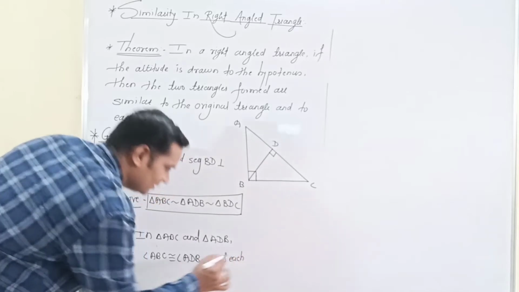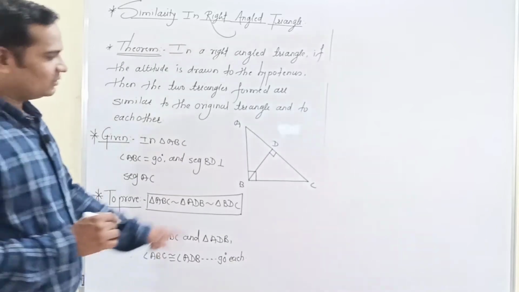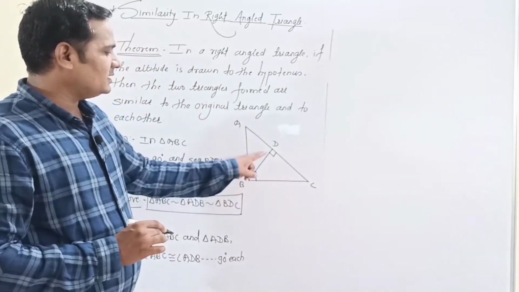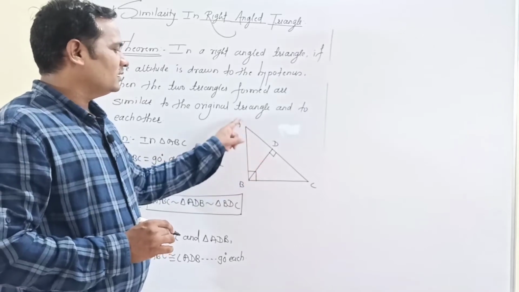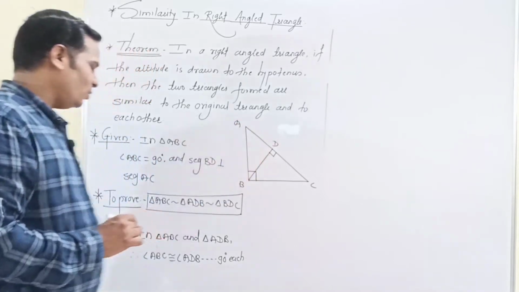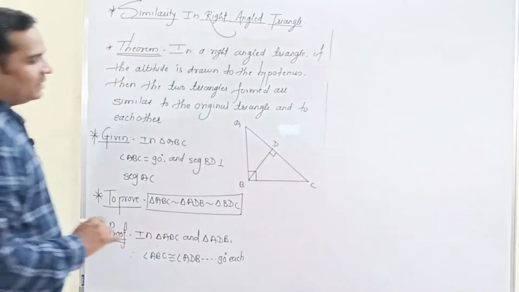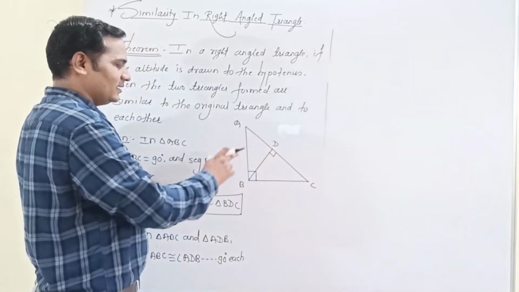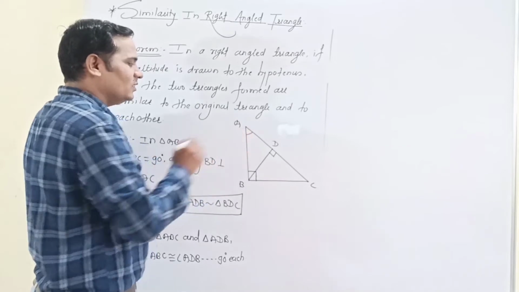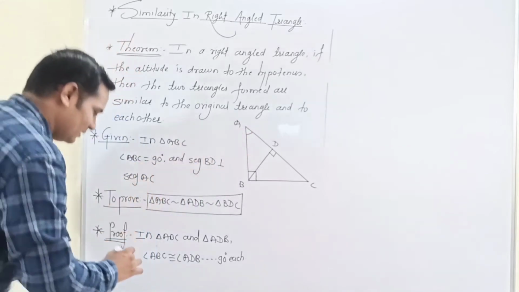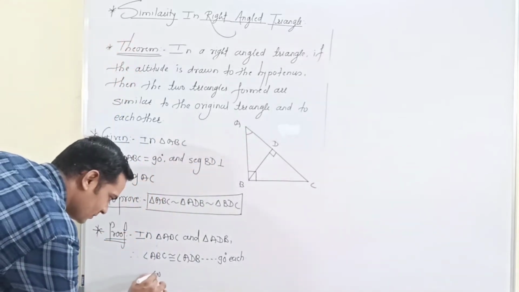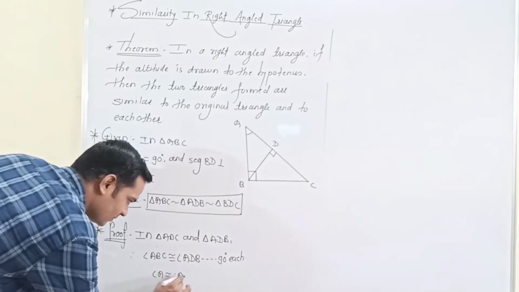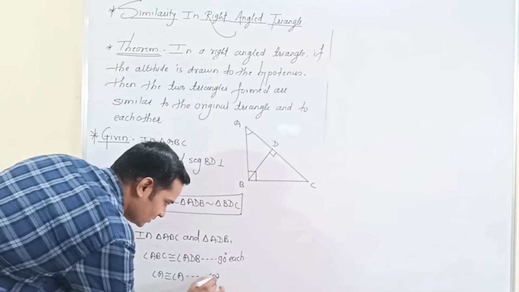So we will write that reason, 90 degree each. Look at this, ABC is 90 degree, and this BD is perpendicular here. That means this angle ADB is also 90 degree. Okay, and mind well, in these two triangles, look at the first angle here. This angle A is the common. You can write here angle A congruent to angle A, which is a common angle.